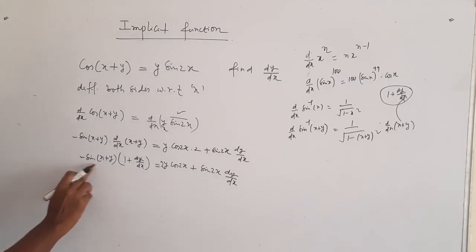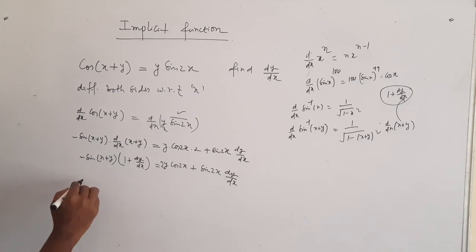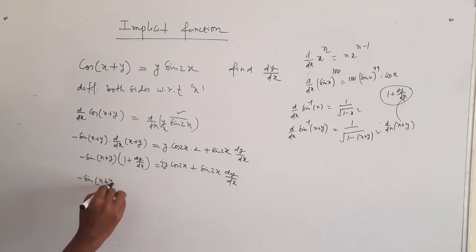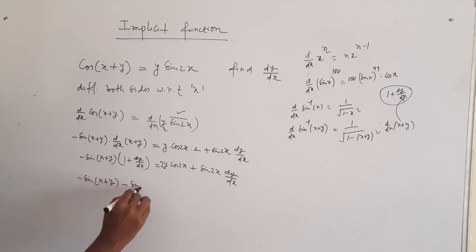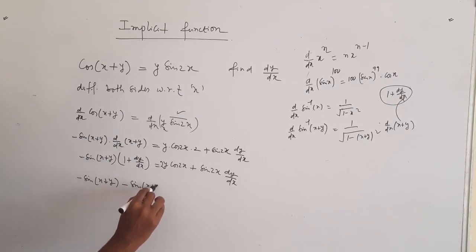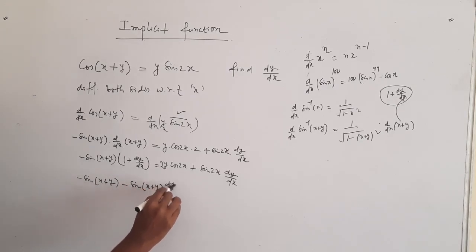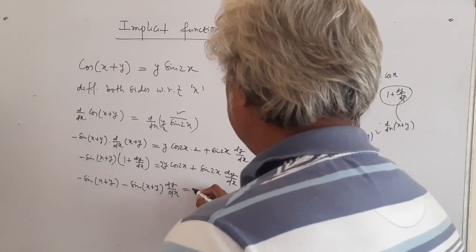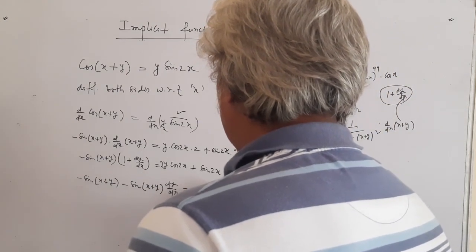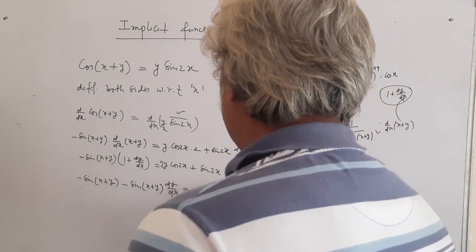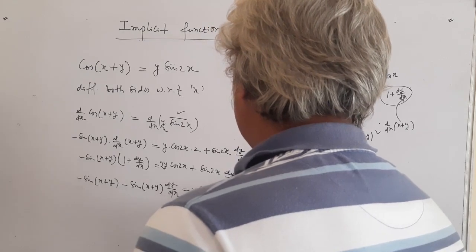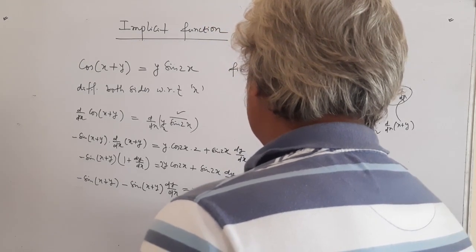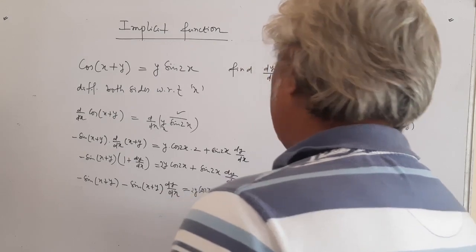Now this one into 1, again I have to open the bracket, so this is minus sin(x + y) minus sin(x + y) dy by dx equals 2y cos 2x plus sin 2x dy by dx.